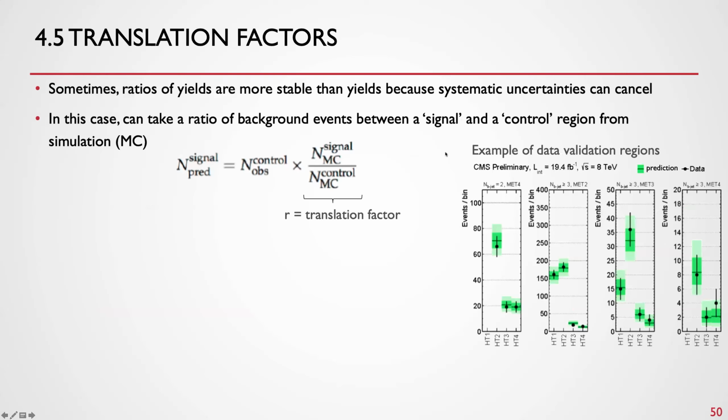A generalization of this ABCD method are translation factors. Sometimes ratios of yields are more stable than the yields because systematic uncertainties cancel. A good example is the branching rate of a process that decays via a process that produces a Z boson, for example.